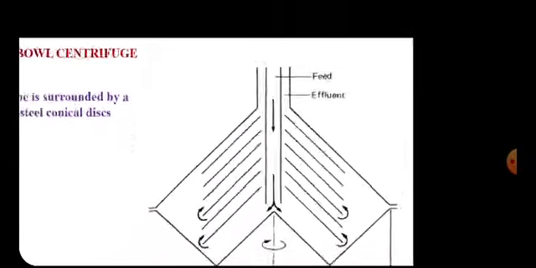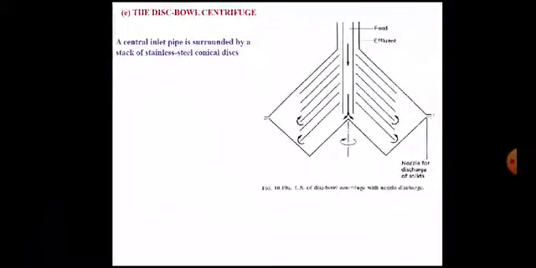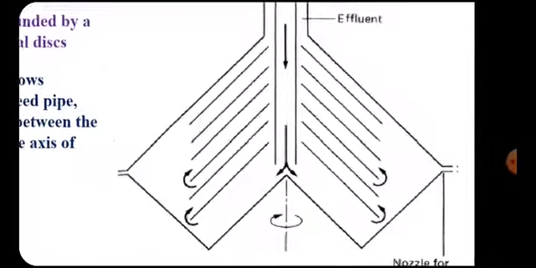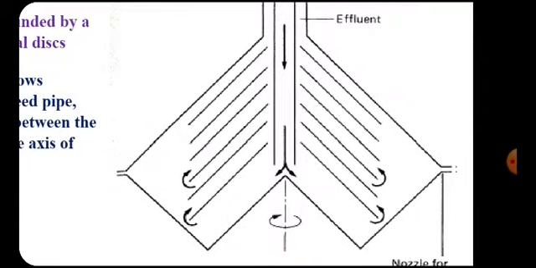It is mentioned as effluent, so that is the end from where the liquid is coming out. The broth to be separated flows outward from the central pipe, then upwards, and then inwards between the discs, which are placed at an angle of 45 degrees to the axis of rotation. You can see here these plates are arranged at 45 degrees.